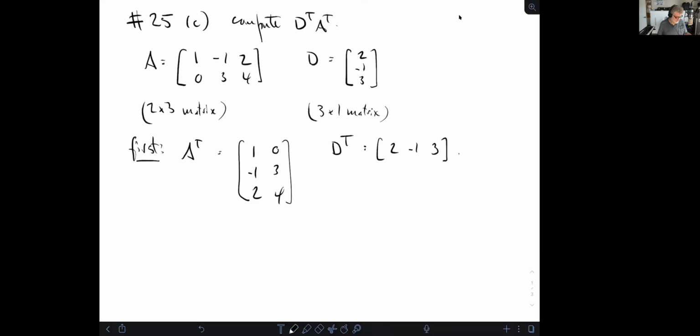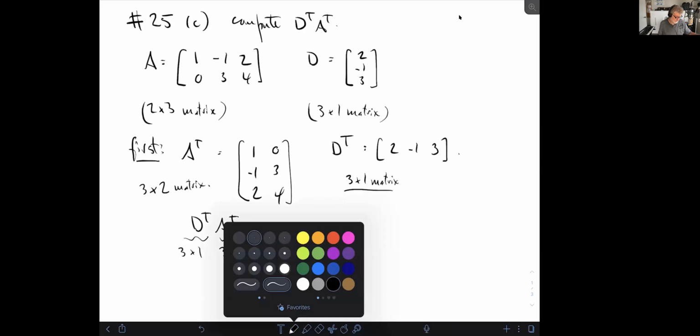Let's at least check if it makes any sense, right? D transpose is a 3x1 matrix, and A transpose is a 3x2. Wouldn't A be a 2x3? No, 3x2.